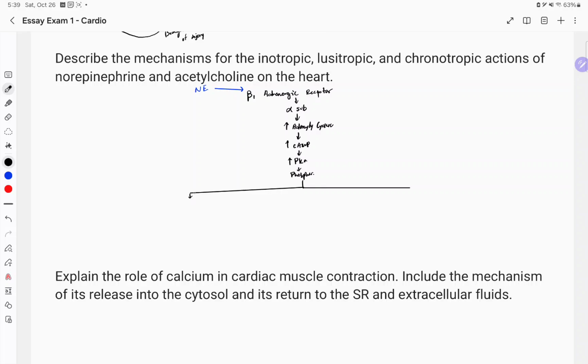So we're going to have phosphorylation of phospholamban, phosphorylation of the RyR channels, phosphorylation of troponin I, and phosphorylation of L-type calcium channels.